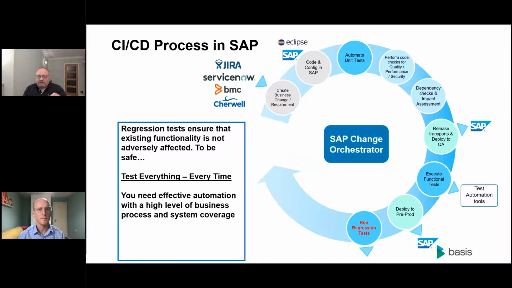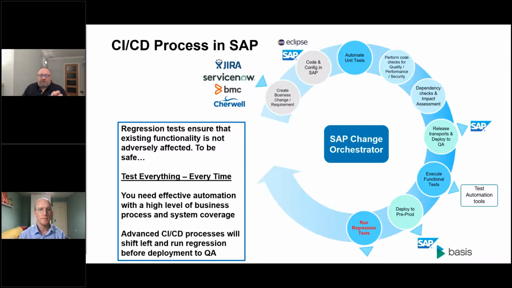Because SAP is such an integrated environment, it really does mean that we have to run really high-level regression tests with high coverage. Essentially, we want to try and test everything every time. And the only way to do that is through automation. There's no way we're going to be able to get the high levels of coverage we need unless we can fully automate our regression tests.